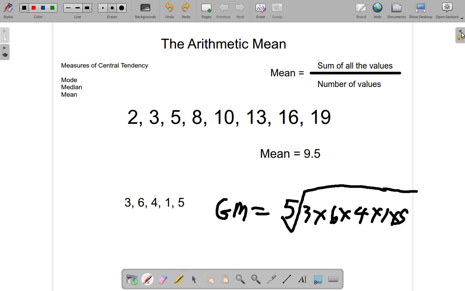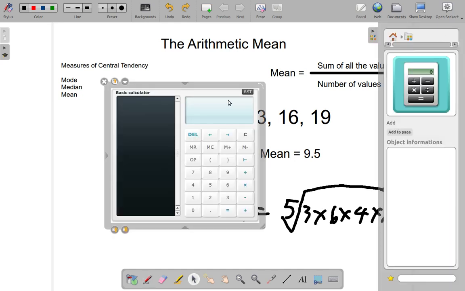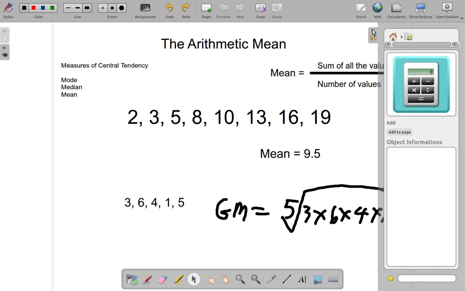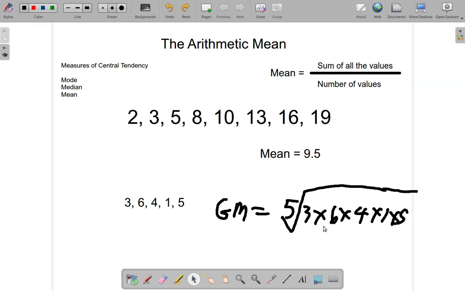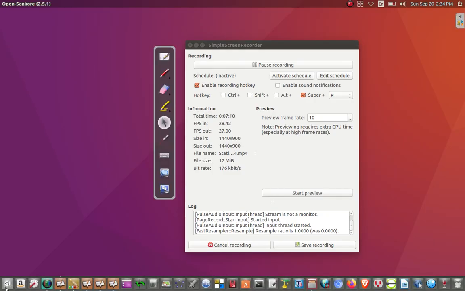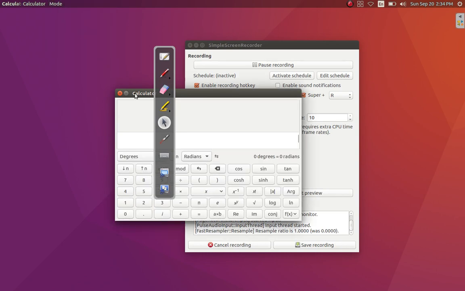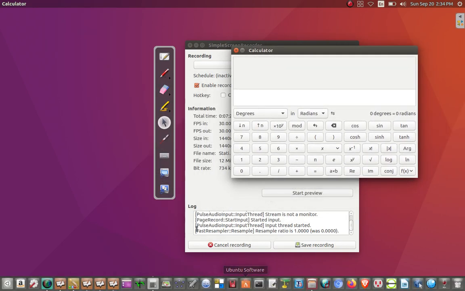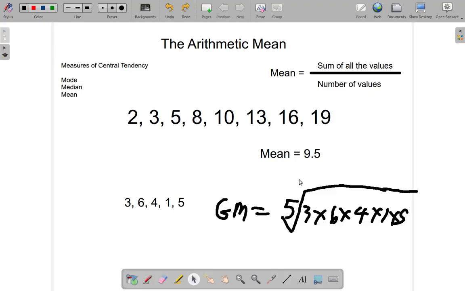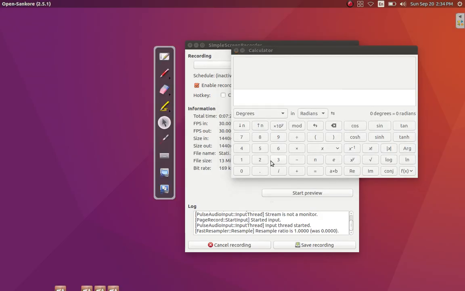Can we work this out? My calculator here, well, it doesn't have the features that can give you a fifth root. So let's use another calculator. The numbers were 3, 6, 4, 1, 5. Let me put this in advanced mode. So it's 3 by 6 by 4 by 1 by 5 equals 360.